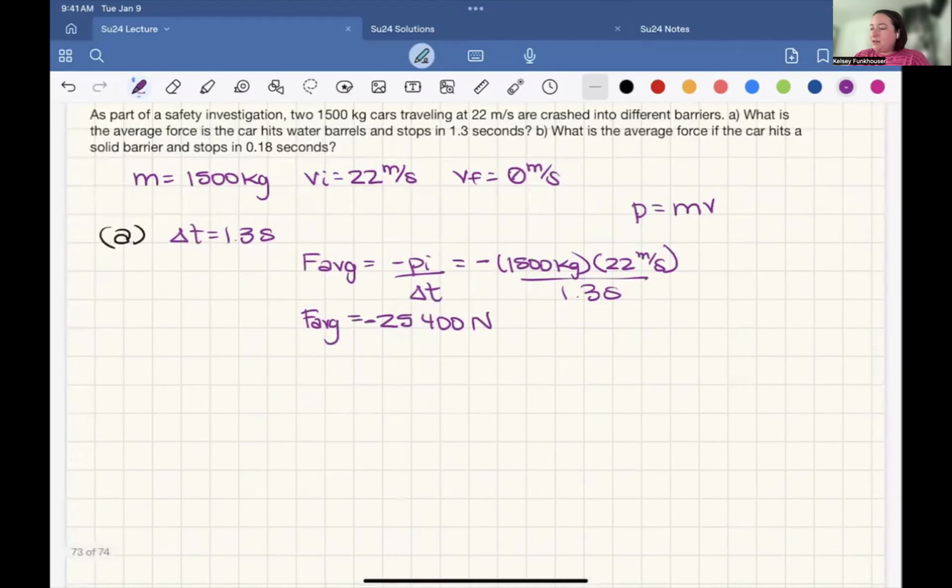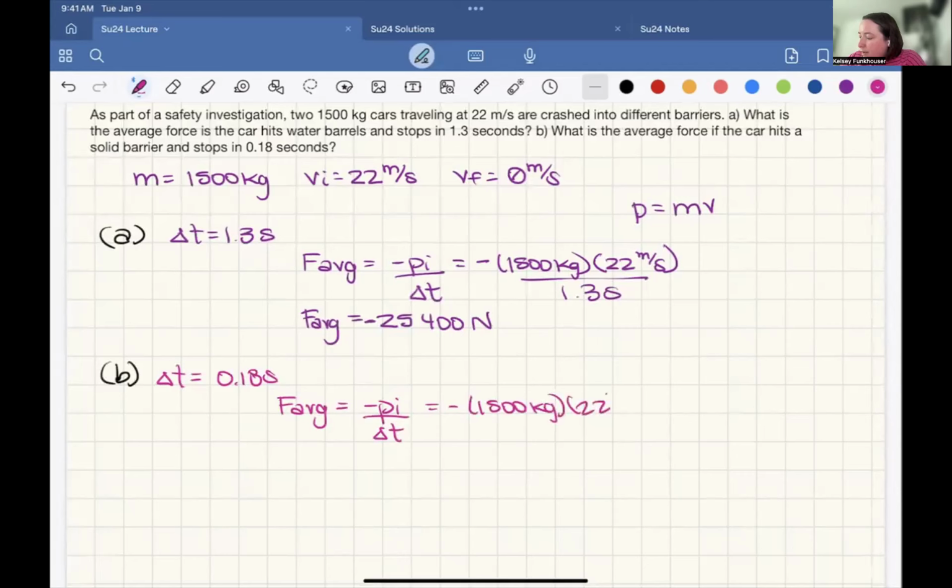Okay, so that's a pretty big force, but let's see what happens if you have to stop in much less than a second. So if instead our time interval is 0.18 seconds, go back to our equation, we'll just write it again. Negative 1,500 kilograms times 22 meters per second divided by 0.18 seconds.